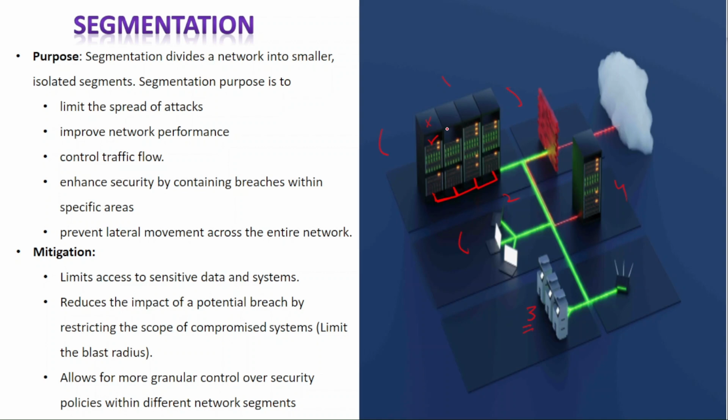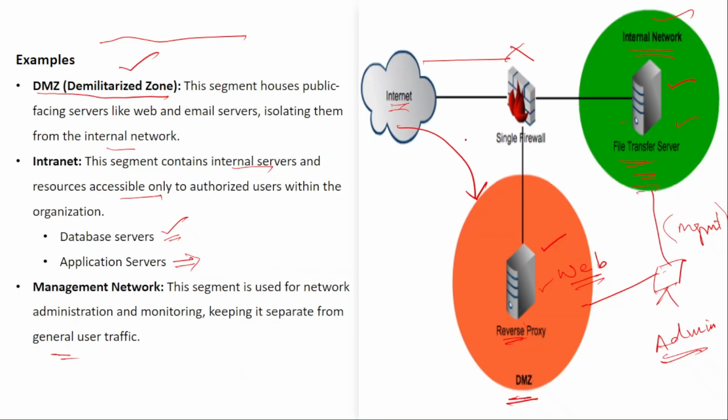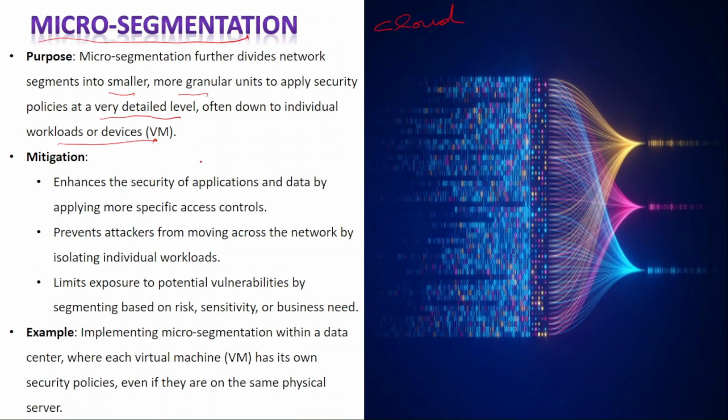So if there is no need for this server and these four servers to talk to each other, you can control the communication and they won't talk to each other. And so the lateral movement within a segment is also controlled. So this is the basic concept behind micro segmentation.